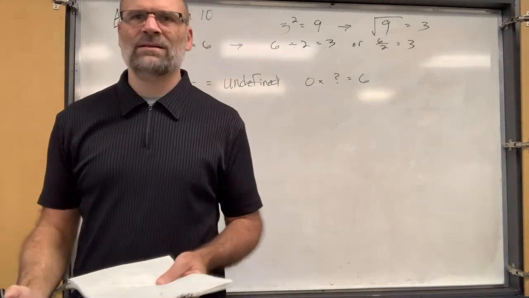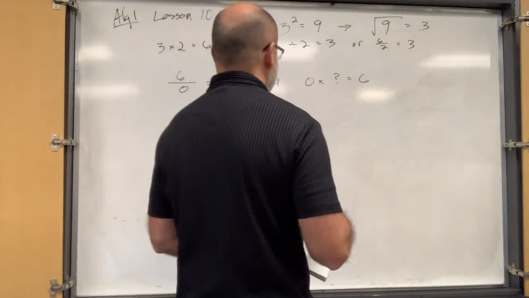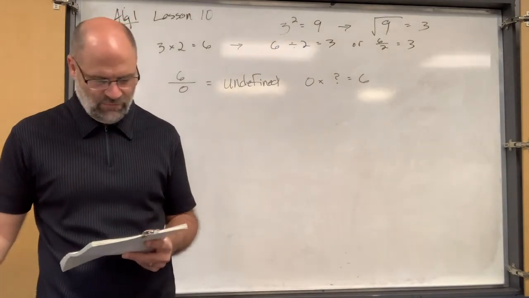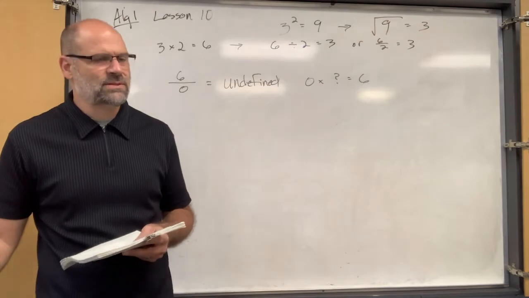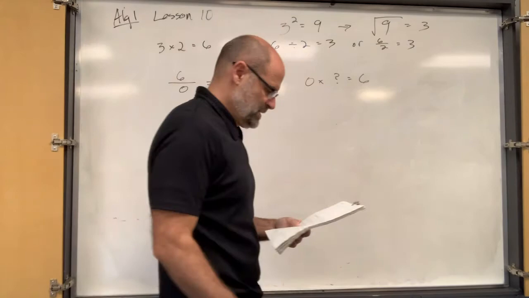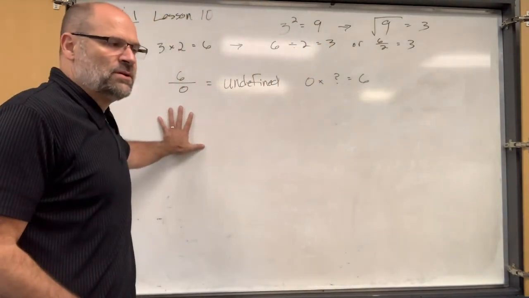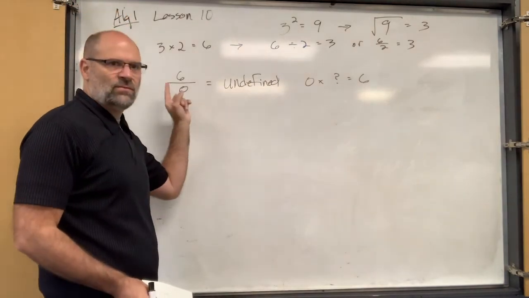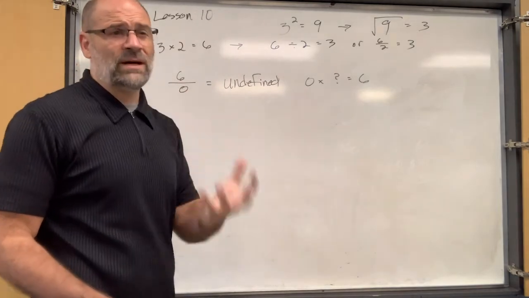There is no real number that exists that you can multiply by 0 to get 6. Okay? Infinity doesn't work. Infinity times 0 is still 0. All right? So this is one weird answer in algebra. From now on, you have to be conscious of what's in the denominator or what you're dividing by.